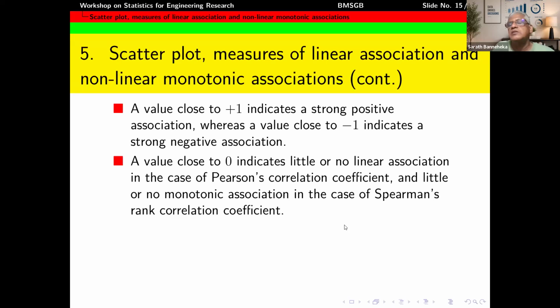Based on that, we make some conclusion about the population correlation coefficient. So that is an important thing to understand. Many people seem not to understand that. They just calculate the sample correlation coefficient and then think there is actually the same correlation in the population also. No, that may not be the case.